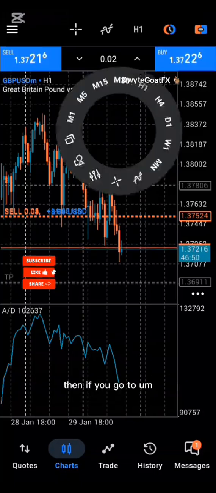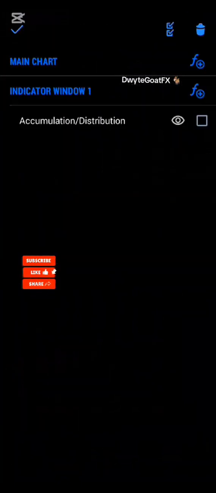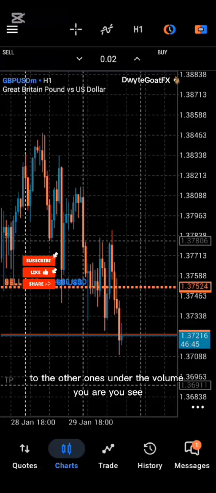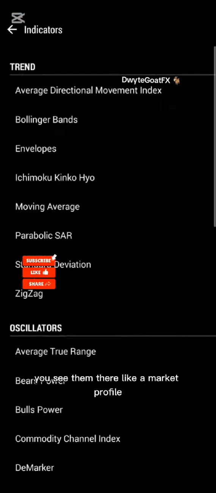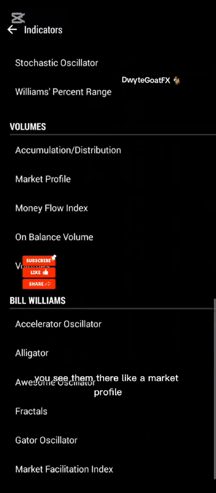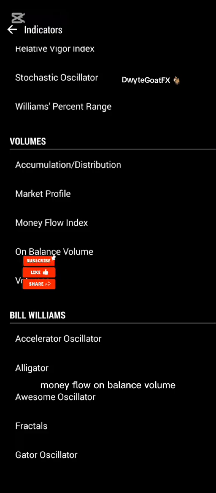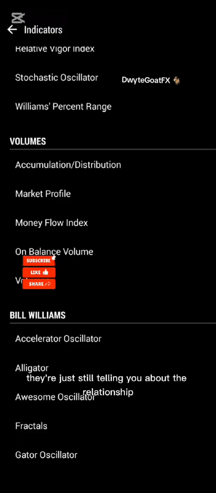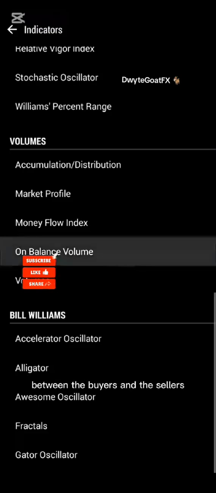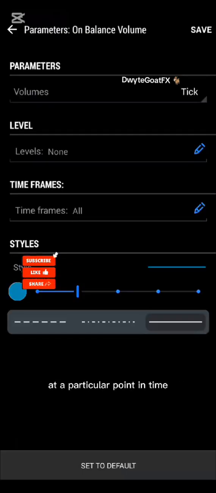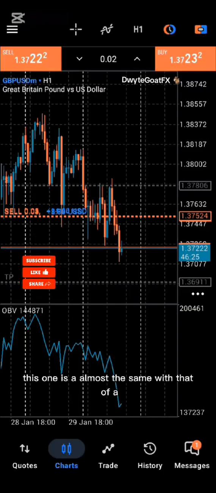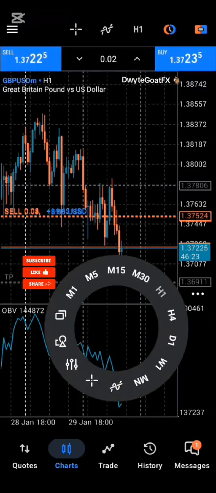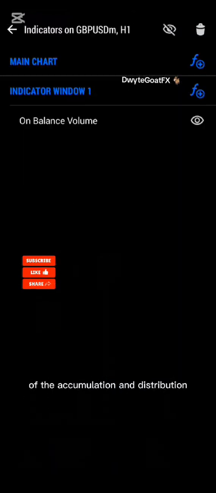Then if you go to the other ones under the volume, you see them there, like market profile, money flow, and unbalanced volume. They are all there. They are just still telling you about the relationship between the buyers and the sellers at a particular point in time. This one is almost the same as the accumulation and distribution.